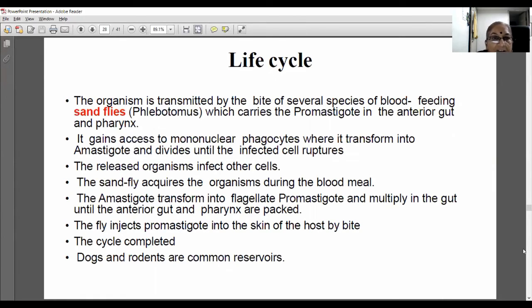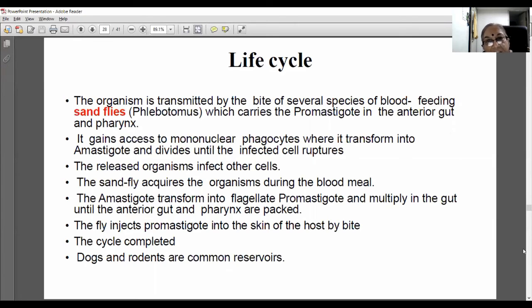Within the cell they multiply, and when the mononuclear cell is fully packed with amastigotes, it ruptures. So many amastigotes are released in the blood and they reinfect other mononuclear cells.